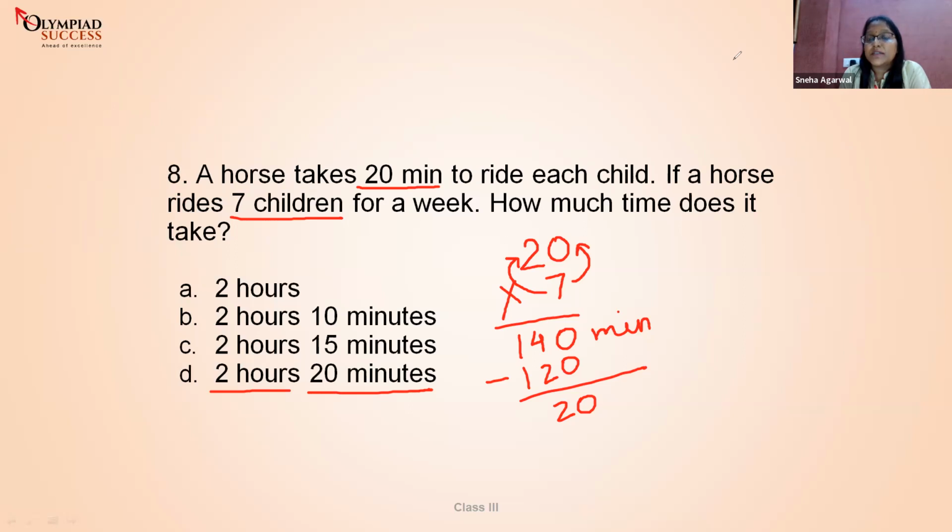Beta, did you guys understand? Please let me know. Javik, Anvi, you can unmute and respond to me, or you can also respond in the chat box. No doubt, ma'am, it is clear. Okay. Now let's move on to the next one.